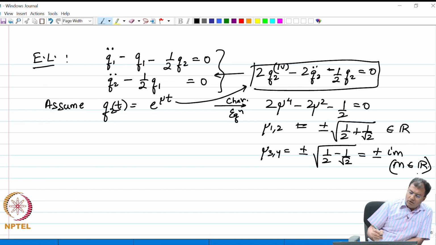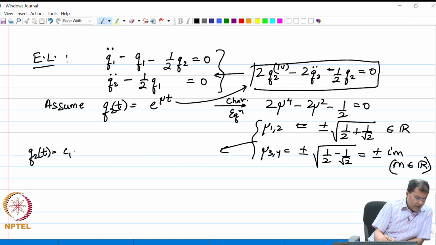Okay. So, when we plug all these values of mu, we are going to get that q2 of t is equal to c1 e to the power mu 1 t plus c2 e to the power mu 2 t, and we get the following linear combination.